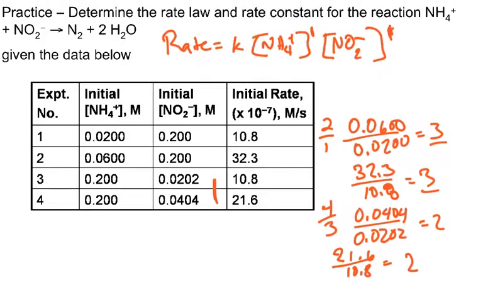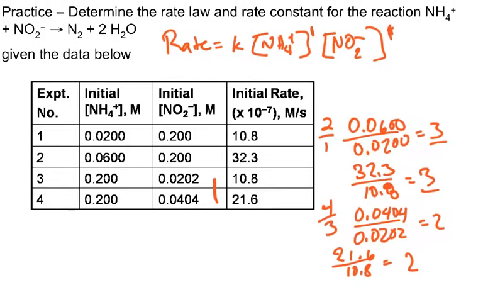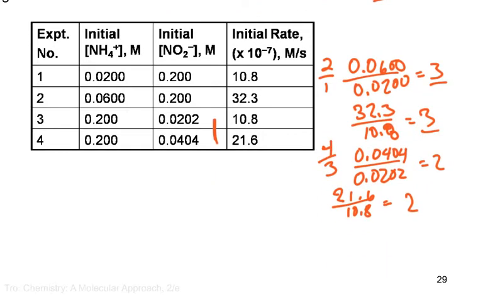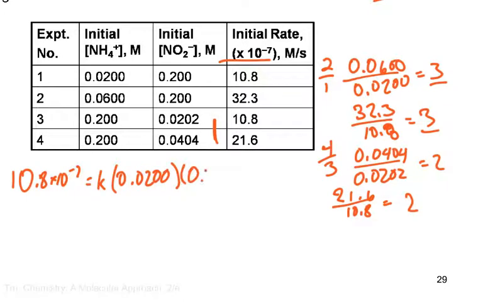Then it also wants to know the rate constant, so we can plug in data from any of these. So my rate, let's just do experiment 1. So 10.8 times 10 to the minus 7 is equal to my k times 0.02 to the first power times 0.2 to the first power.